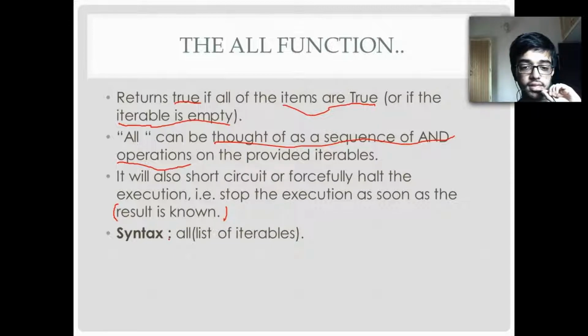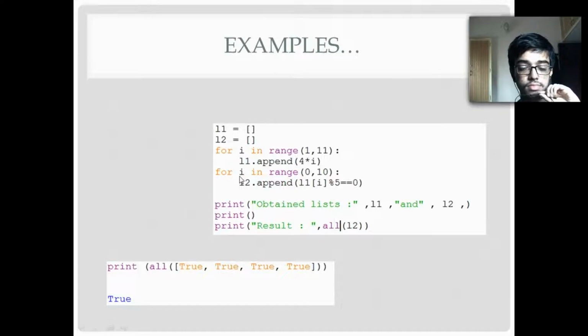So the syntax is all(list of iterables). Here are some examples. Let's take this one. Here, print all of True, True, True, True are given.